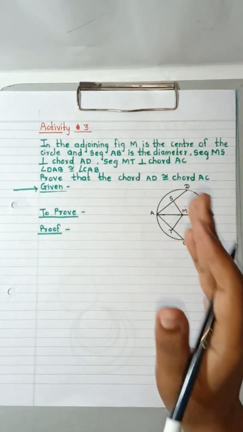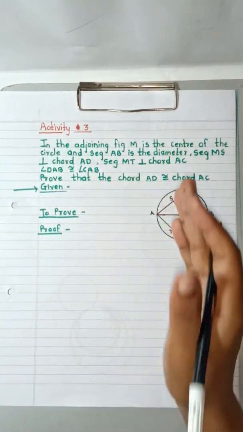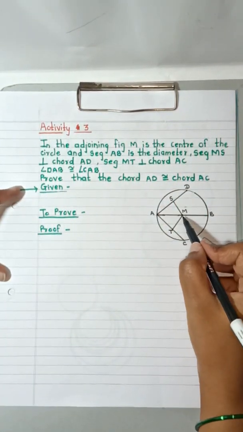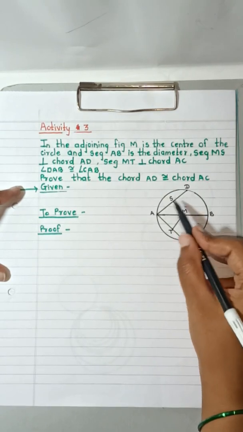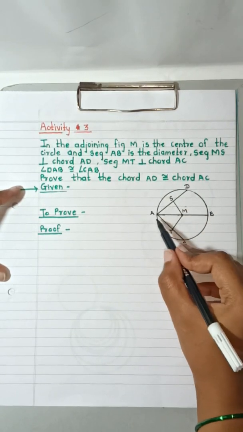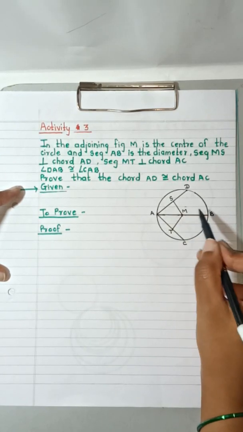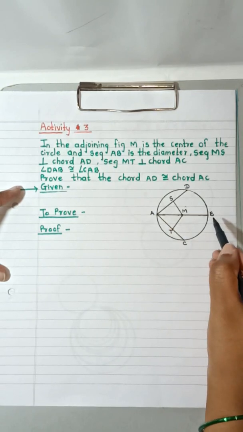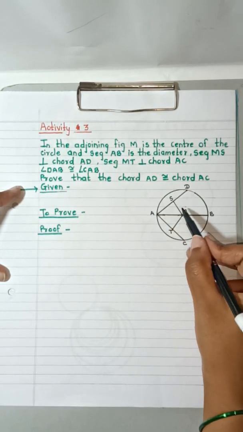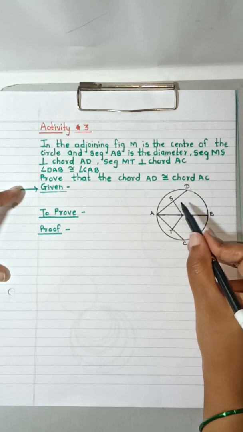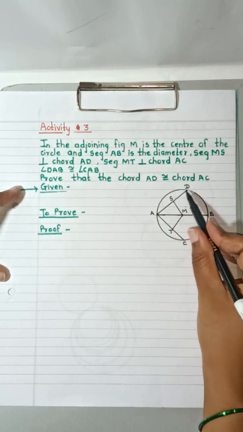Now children, in this activity 3, in the adjoining figure, you can see M is the center of the circle. AB is the diameter as it is passing through the center, and both ends of this line segment lie on the circle. Seg MS is perpendicular to chord AD.